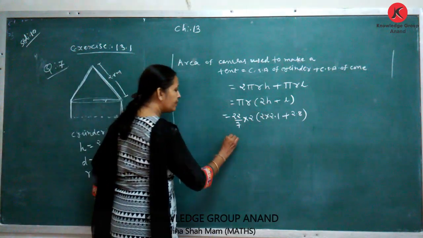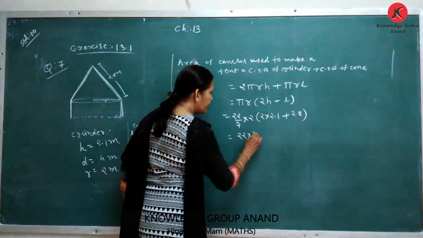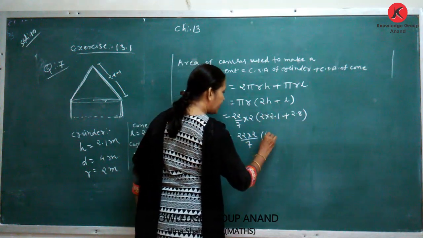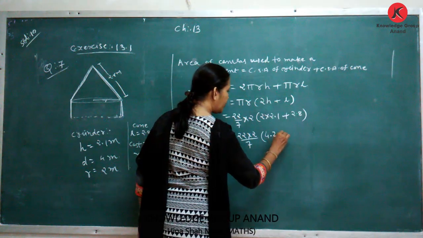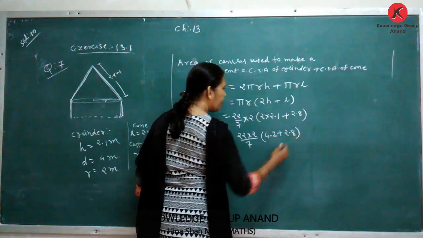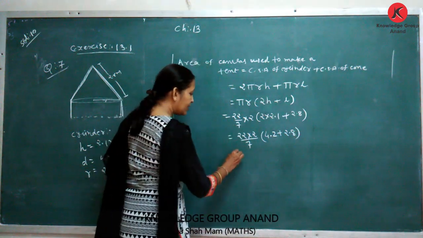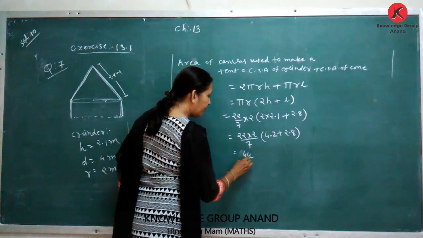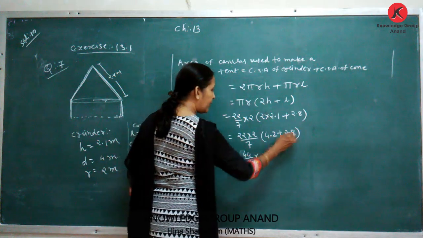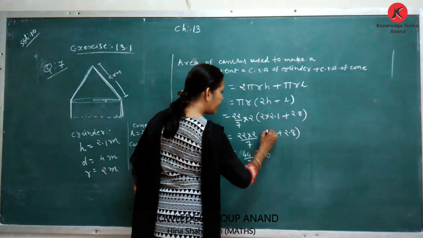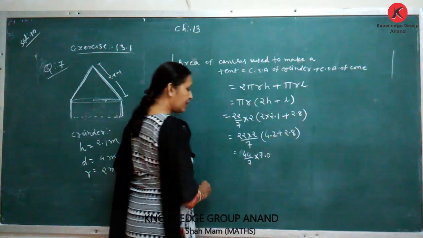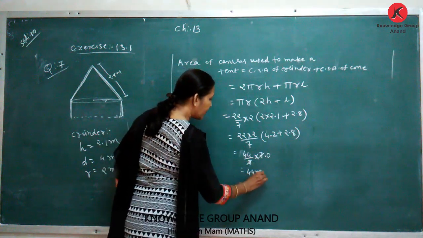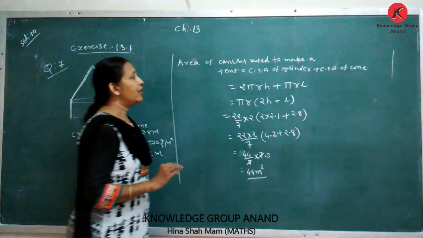Now simplify. 22 into 2 upon 7, 2 into 2.1 is 4.2, plus 2.8, is equal to 22 twos are 44 by 7 multiplied by 7, 7 cut, is equal to 44 meter square.